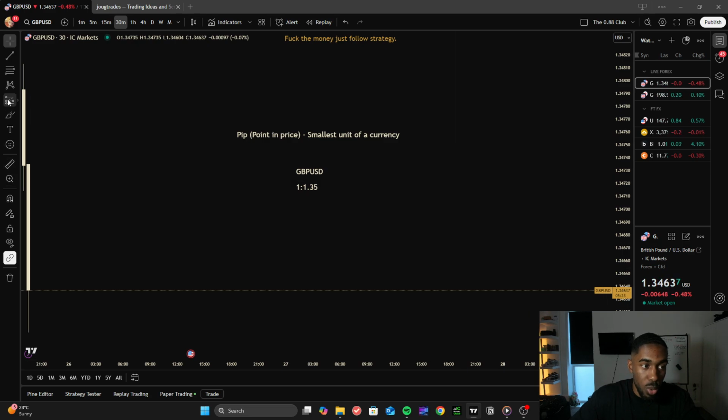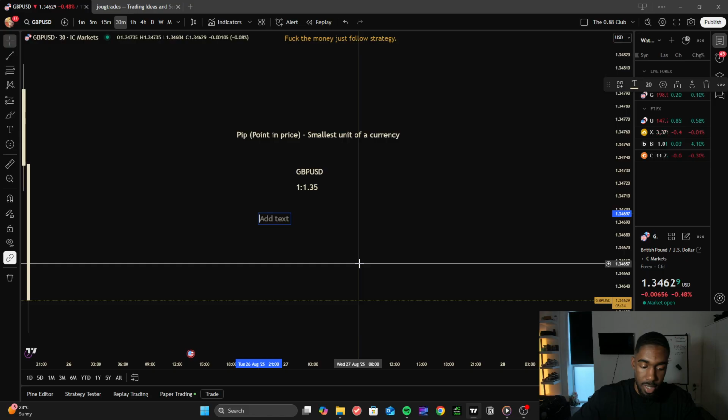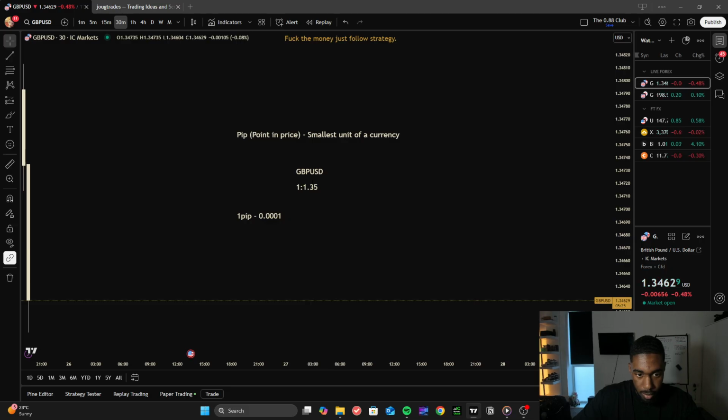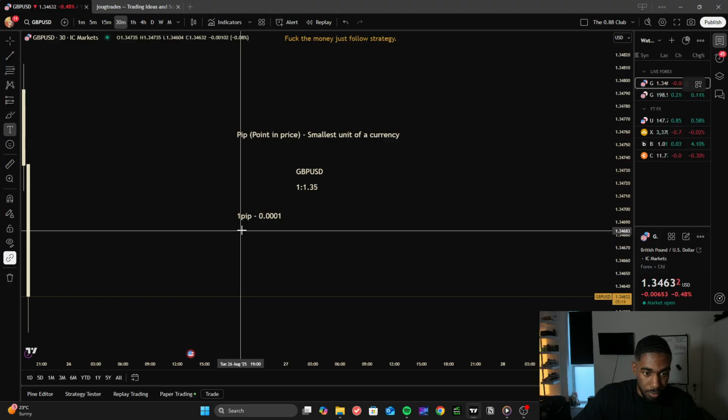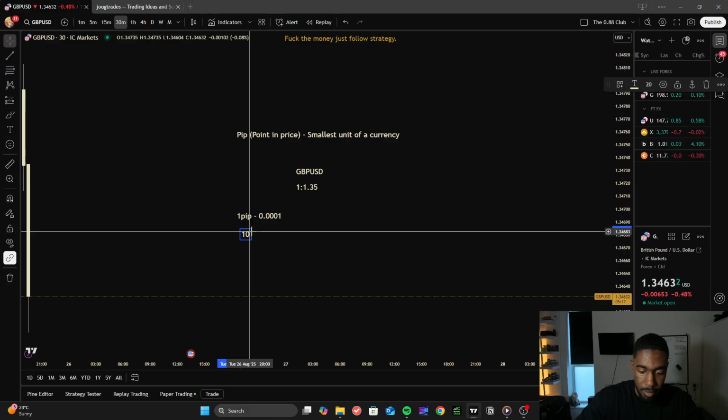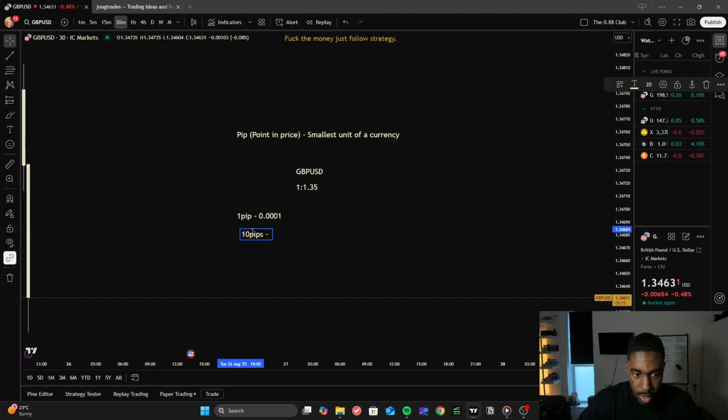This is why we use pips. So 1 pip is defined as 0.0001 of a currency. So that means that 10 pips is 0.001.